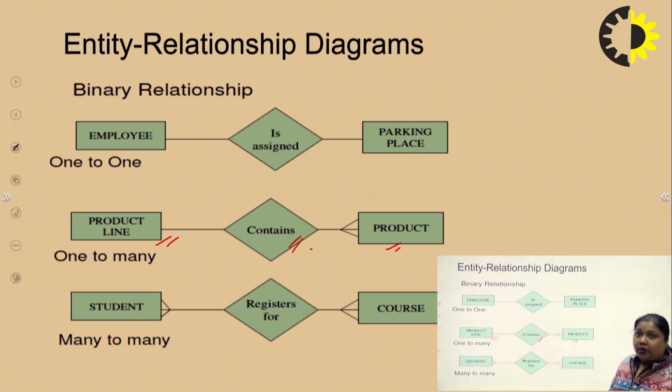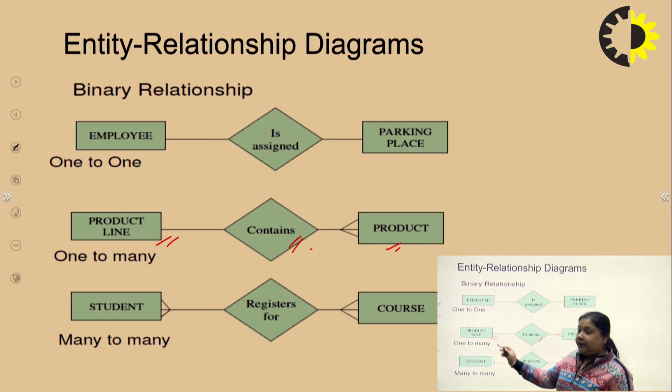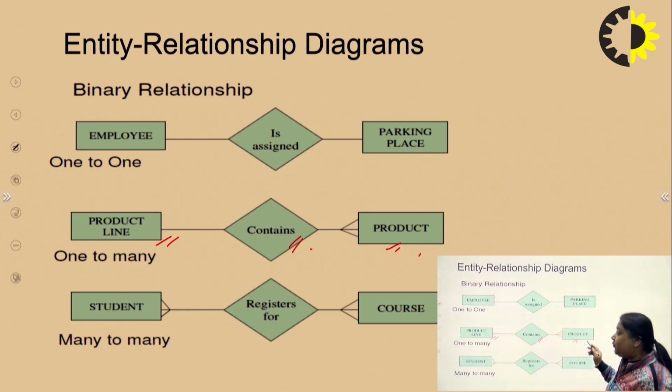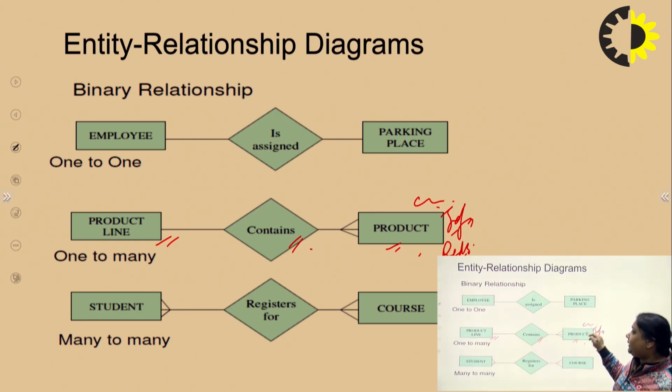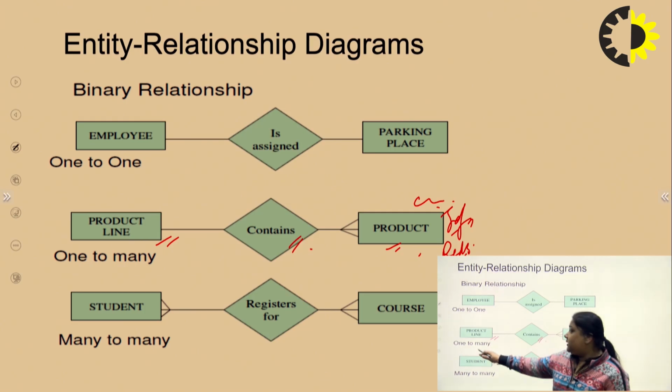If we talk about furniture products, this contains all types of furniture, like chairs, sofas, beds. So this is called the product line of furniture items. This is a one-to-many relationship.